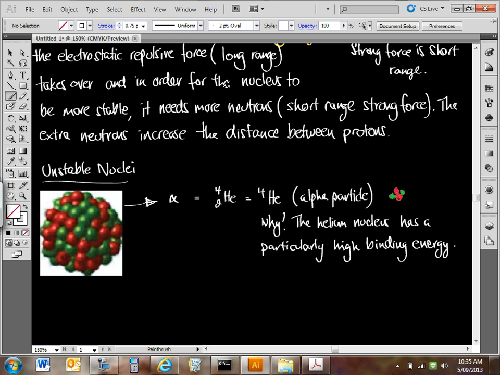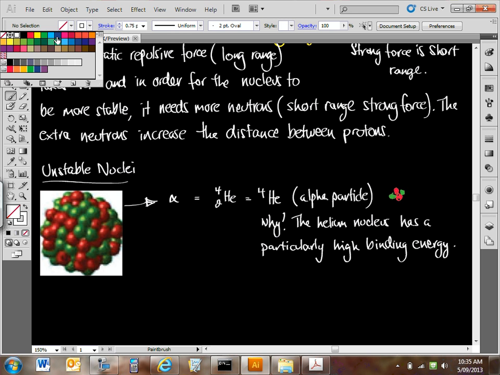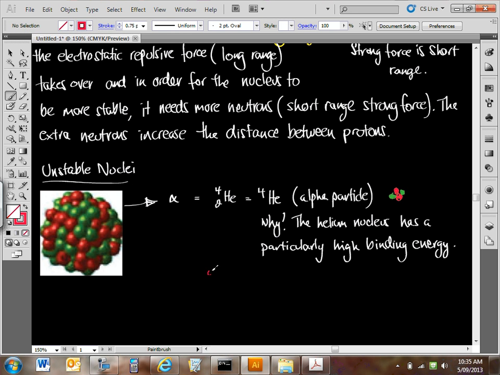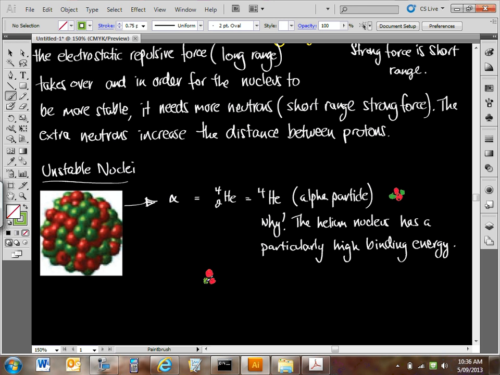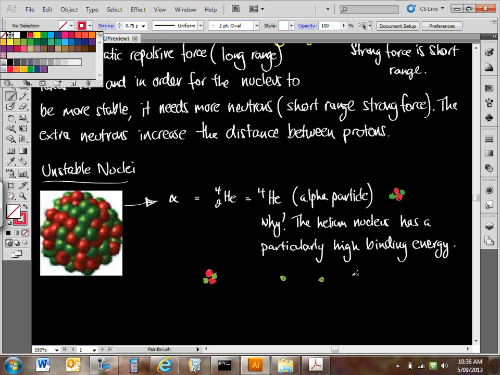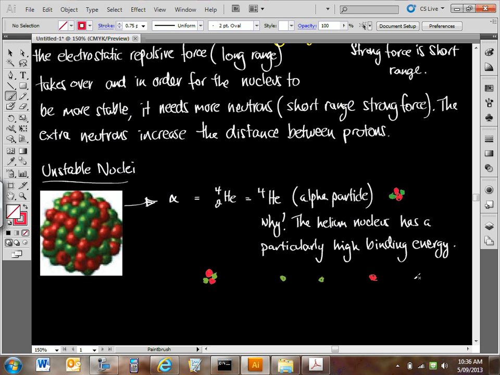What do we mean by has a large binding energy? Here's the helium nucleus again. What is the binding energy? And here is the 2 neutrons and the 2 protons.